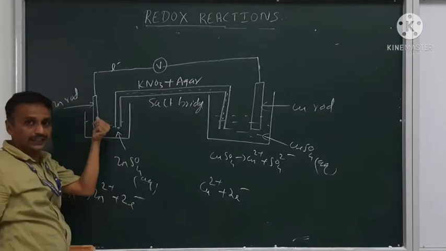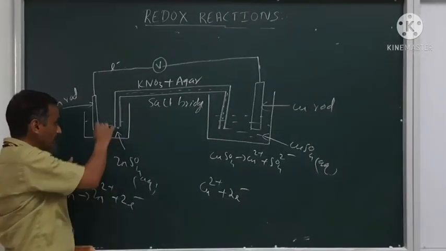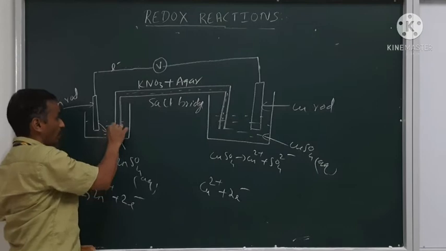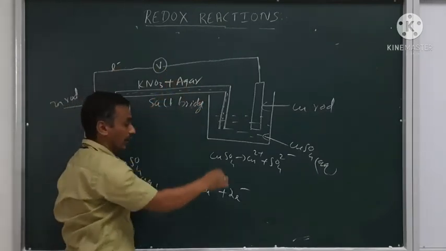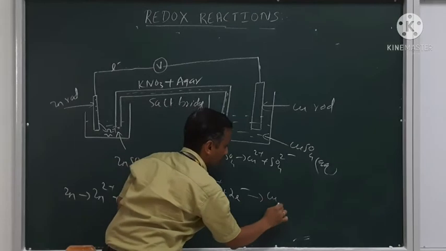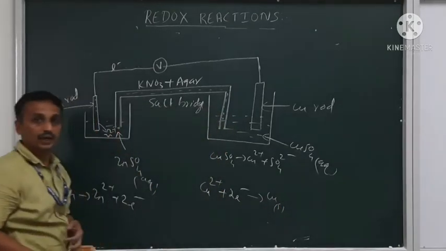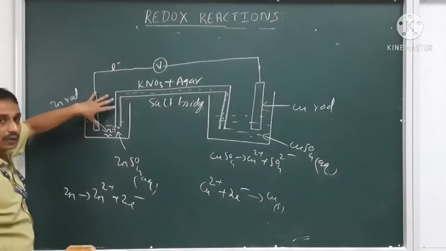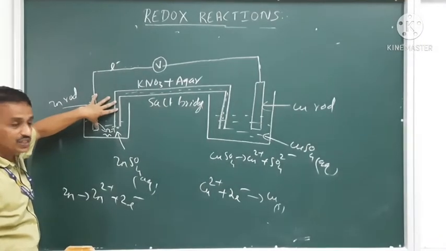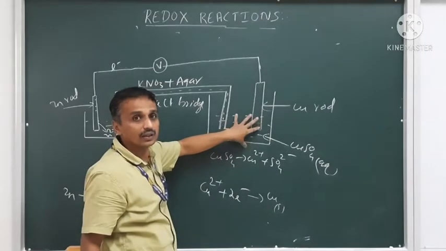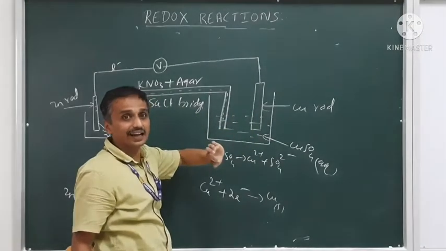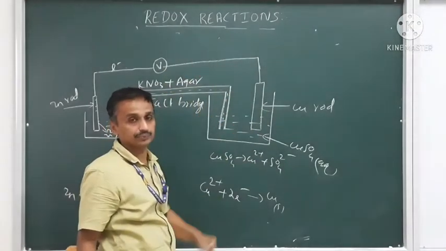Zn2+ ion will go to the solution. Oxidation is taking place in this vessel, whereas reduction is taking place in another vessel. It is called as indirect redox reaction.